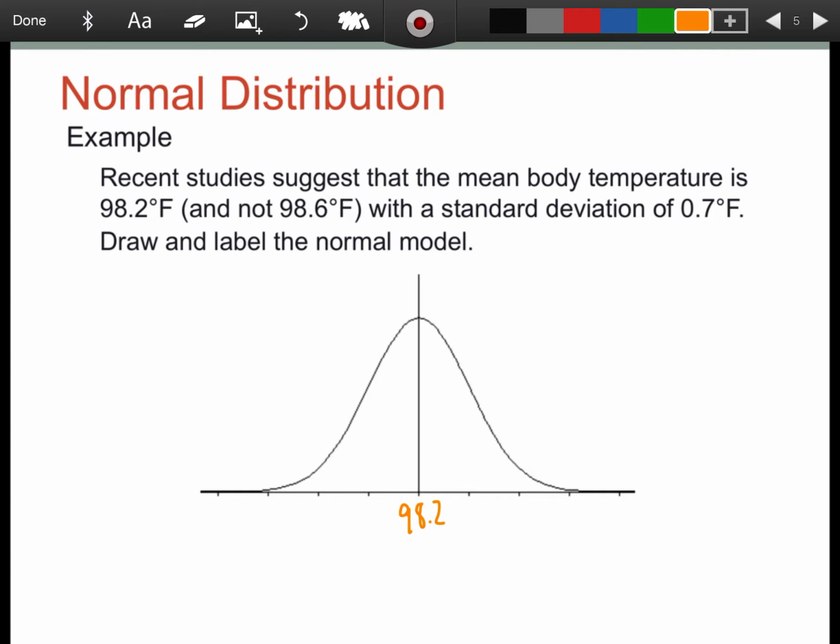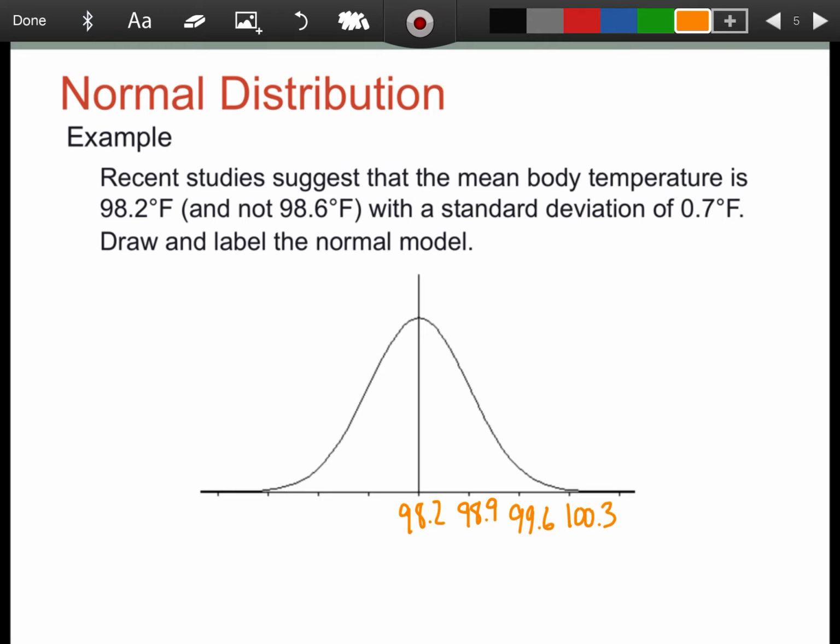Now I'm going to add and subtract standard deviations. So I'm going to go 1 standard deviation above. 98.2 plus 0.7 is 98.9. If I add another standard deviation, 98.9 plus 0.7, that's 99.6. And then if I add another standard deviation, 99.6 plus 0.7 would be 100.3.